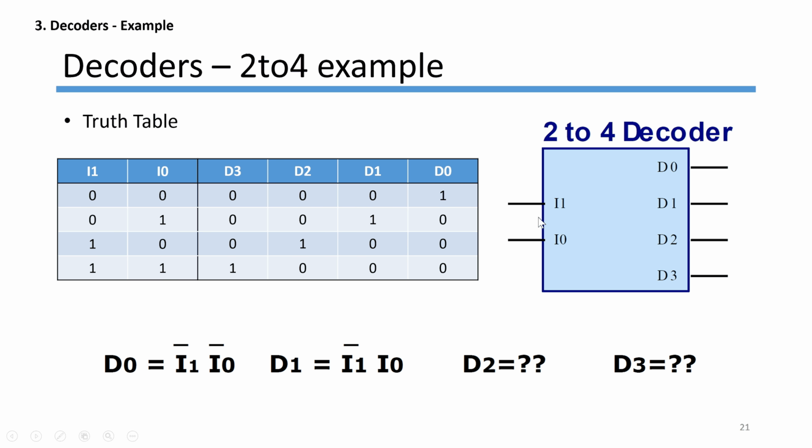And as you can see here, the Xilinx symbol that you would create would look something along the lines like this. Given your 2 select lines, you have 4 outputs, and each one of these outputs would have their own Boolean expression. So for D0, the output is only 1 when I1 and I0 are both 0.